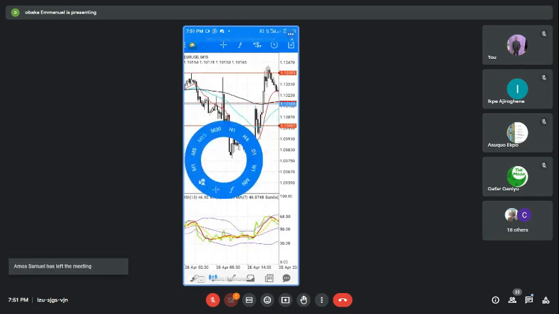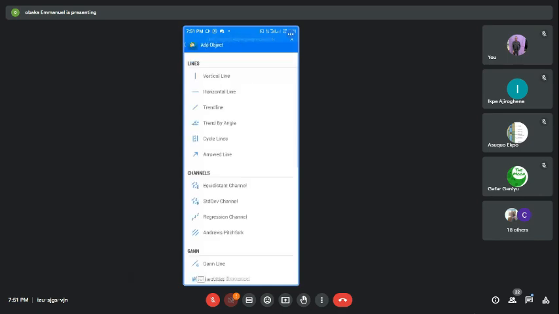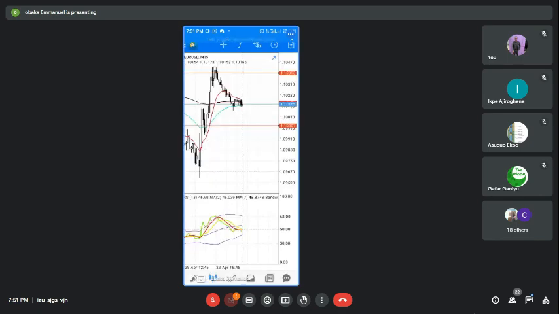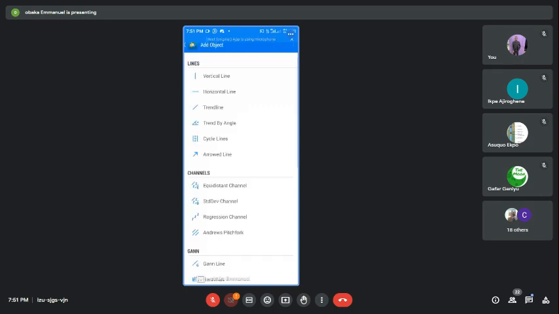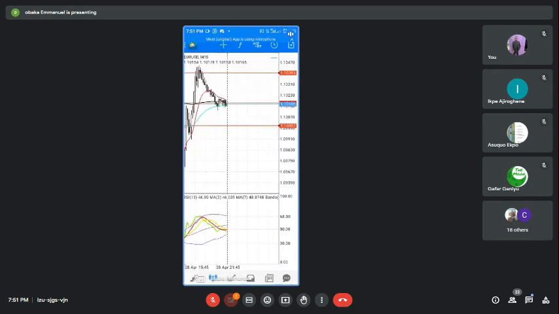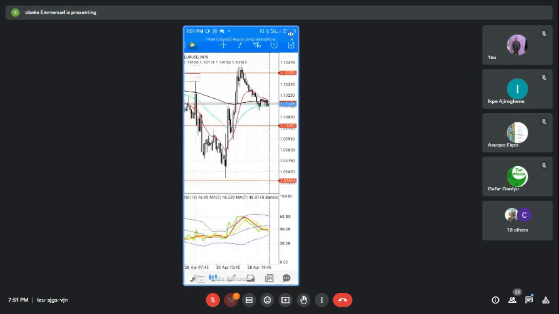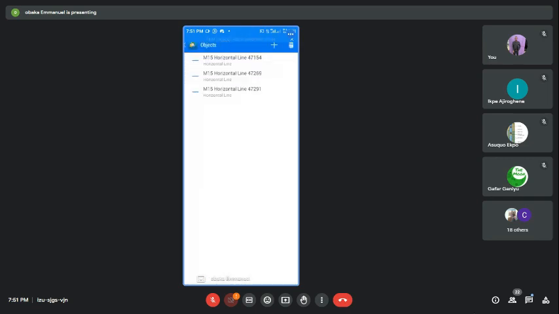Then this is the low of the day. Once you mark this, I will even advise you mark this zone before you go to your daily, H4 and H1 for analysis. Okay, this is where I'm going to enter the market. This is the low of the day.